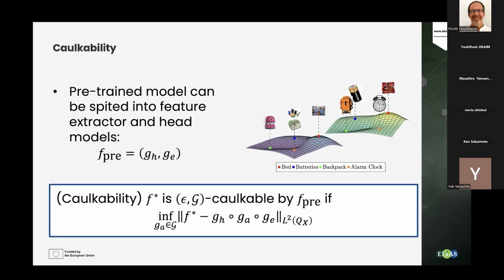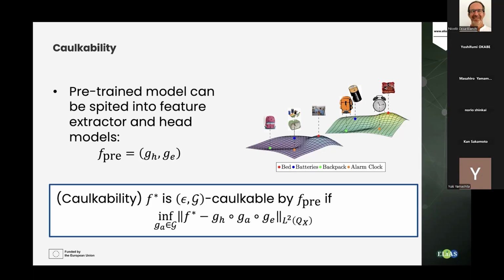This can be intuitive if we imagine what this structure means. Thinking of each data point as an image, the feature extractor corresponds to the mapping from the data to some manifold, and the head function calculates the label from the manifold.